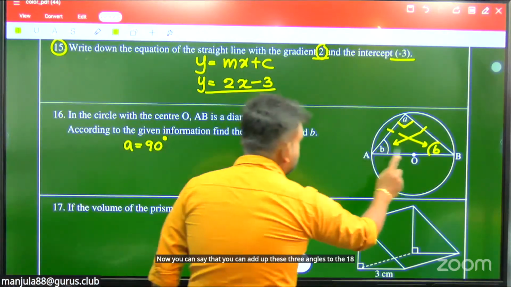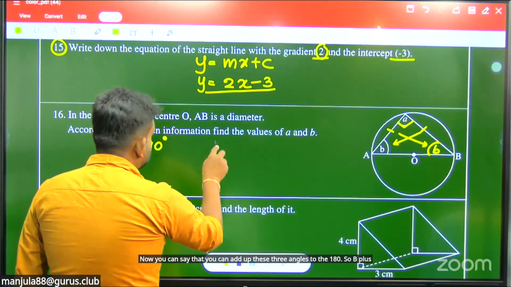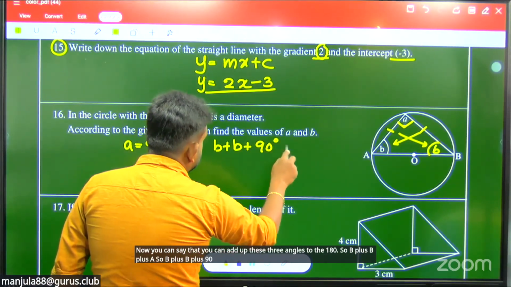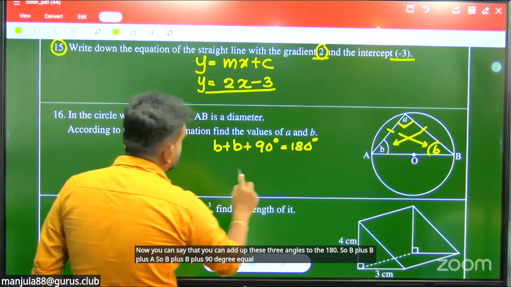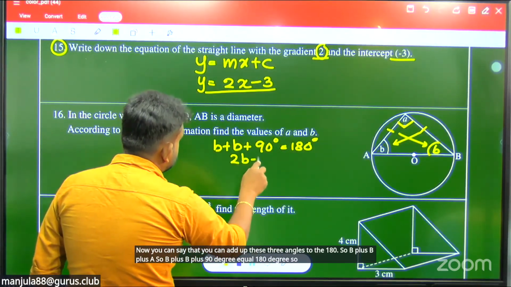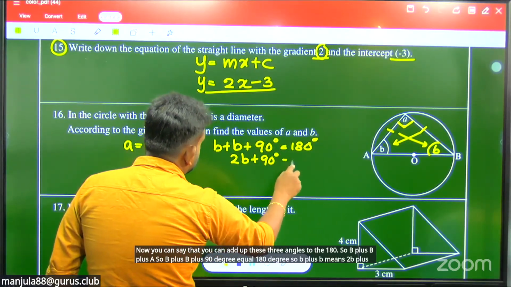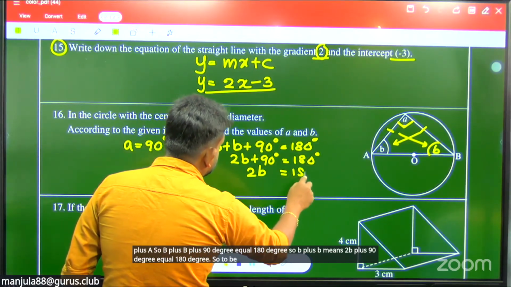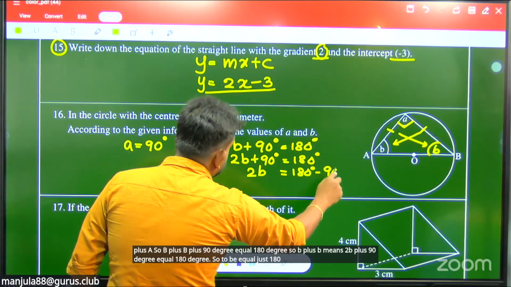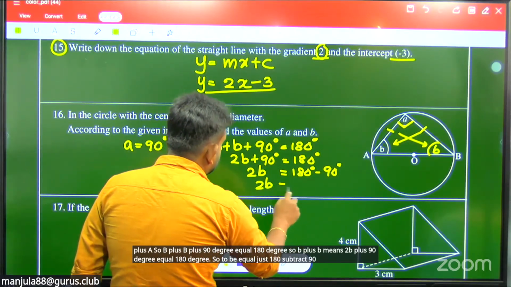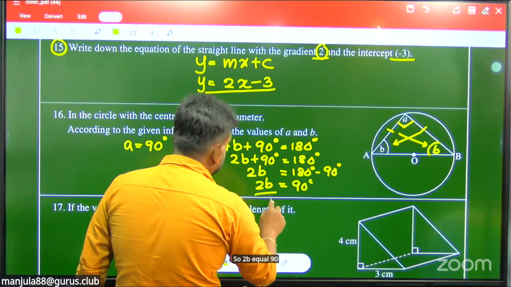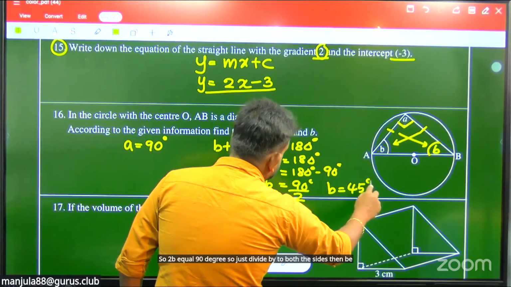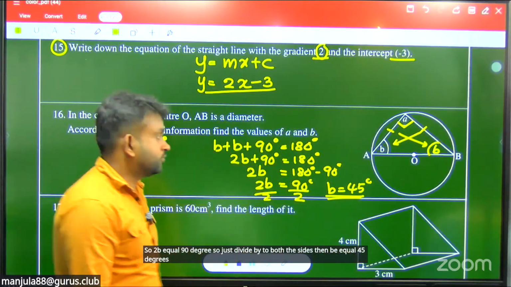So B plus B plus 90 degrees equals 180 degrees. So 2B plus 90 equals 180, so 2B equals 180 minus 90, so 2B equals 90 degrees. Divide both sides by 2, then B equals 45 degrees.